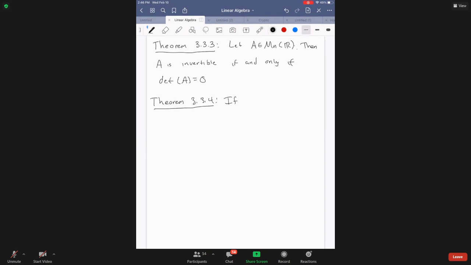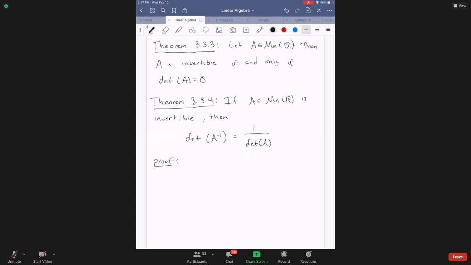If A is an n by n matrix, let's say invertible, then the determinant of the inverse equals 1 over the determinant of A. Okay? Since I have like 3 minutes, let's actually prove it. It's not that big of a deal.